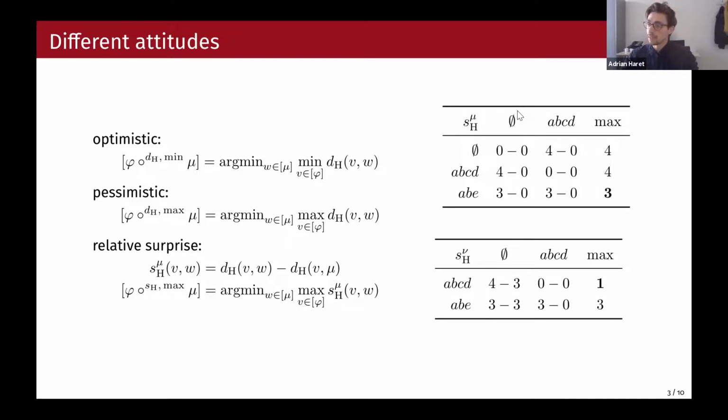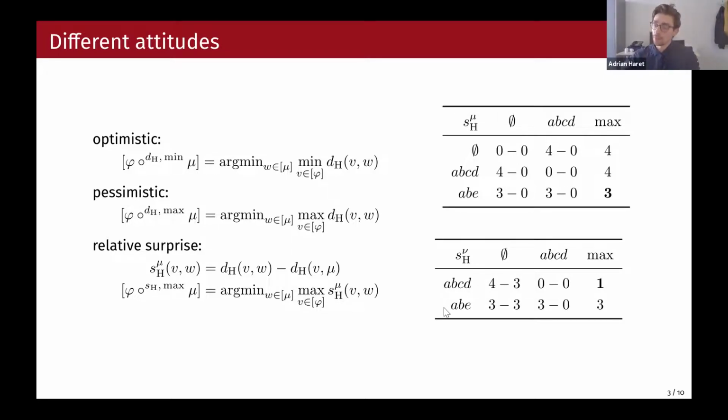So by the distance from, for instance, the empty set to all the models here on the left. And in this case, because the new information is consistent with my prior belief, these quantities that we normalize by are 0, and things are similar to this max operator.